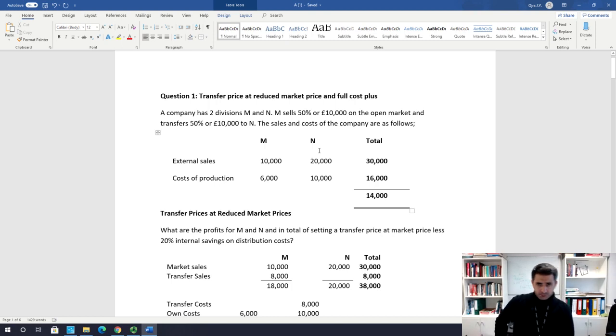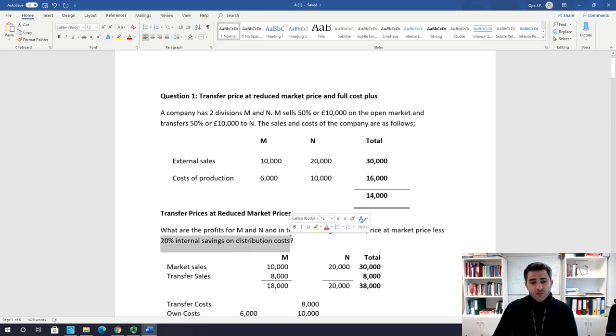So for M, they transfer 50%, or £10,000, to the open market and also internally the same, and the cost here is 6,000 and 10,000. So based on a transfer price at market price, but less 20% for the internal saving and distribution cost.